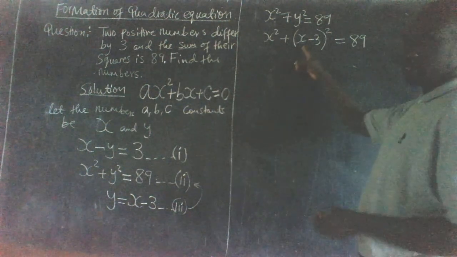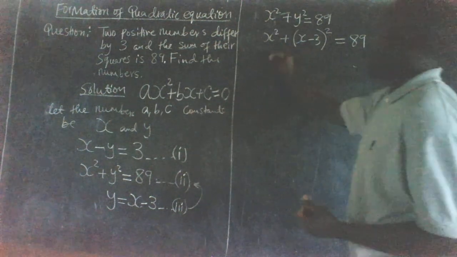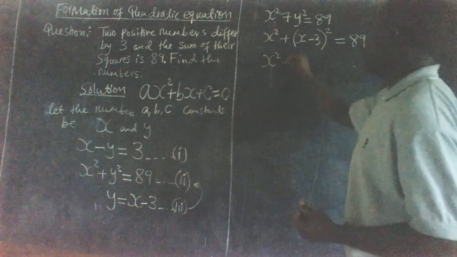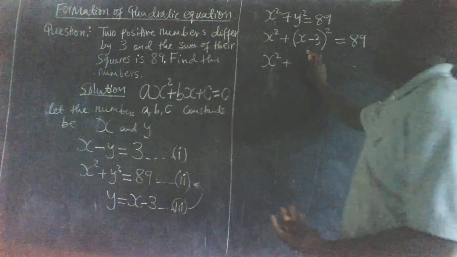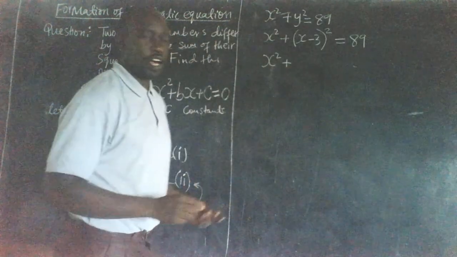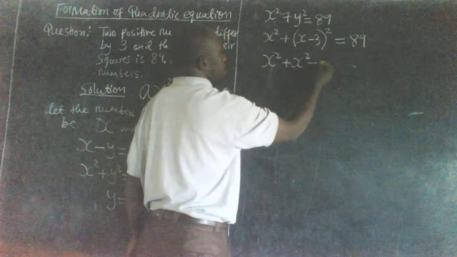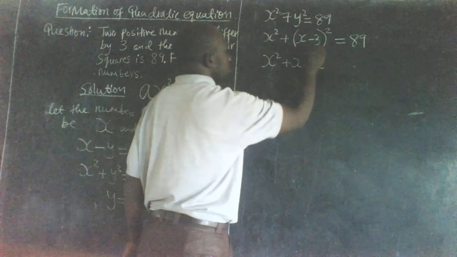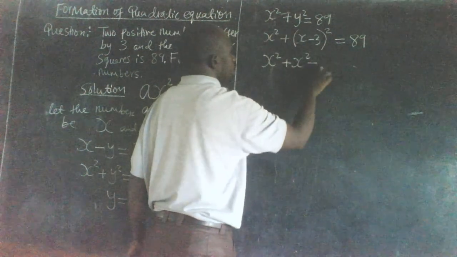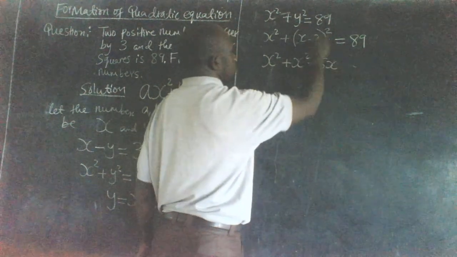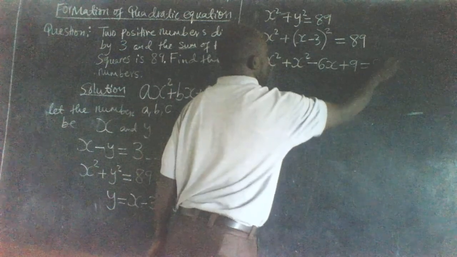From there, we are going to open the bracket and square it. If you use the quadratic identities to expand, which is much easier, we shall have x squared minus 2 multiplied by 3 multiplied by x, so that will be minus 6x, then plus 9 equal to 89.